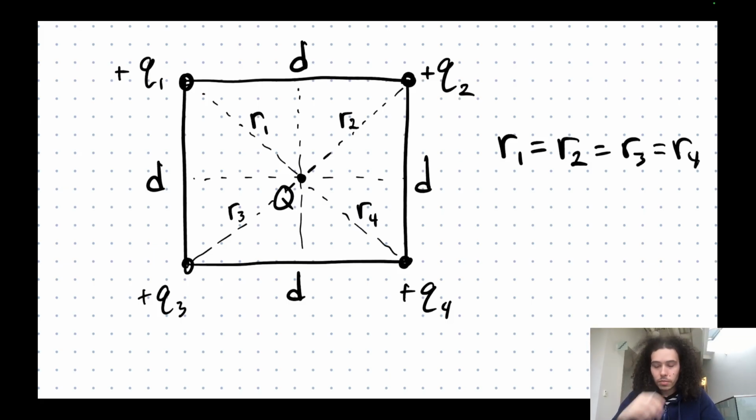Okay, so you have your charge in the middle and you have your charges outside. That charge in the middle is going to be in equilibrium. Think about this. It's going to be pushed in every single direction equally. Let me show you.